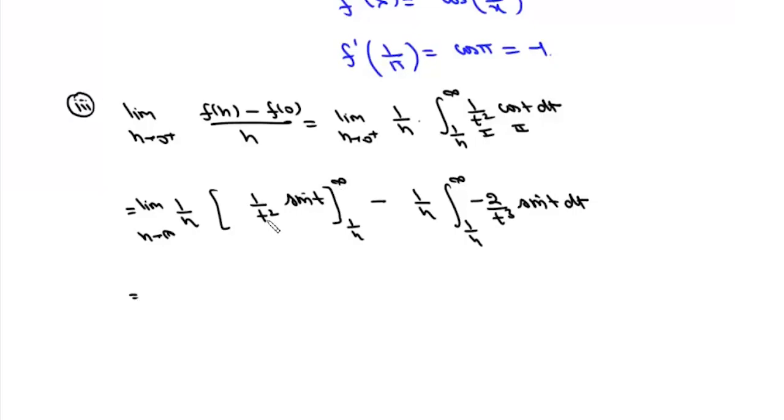Now if we put t as infinity, it will be 1 upon infinity times an oscillating value between minus 1 and 1, so it will be 0.